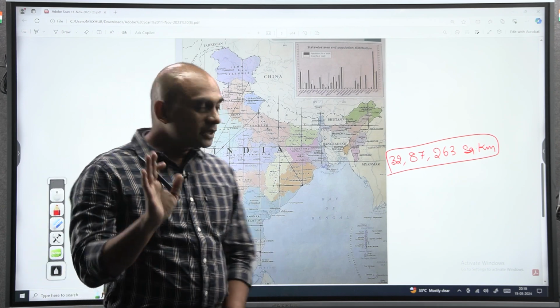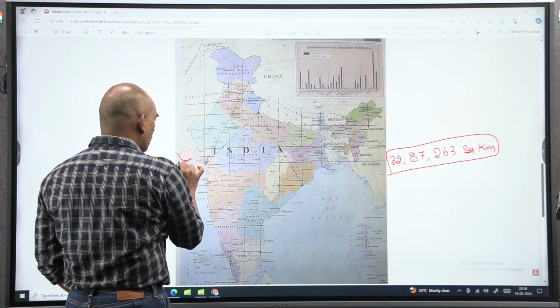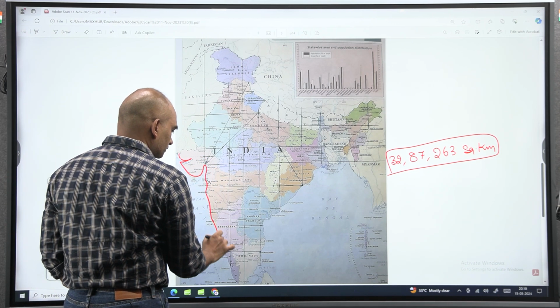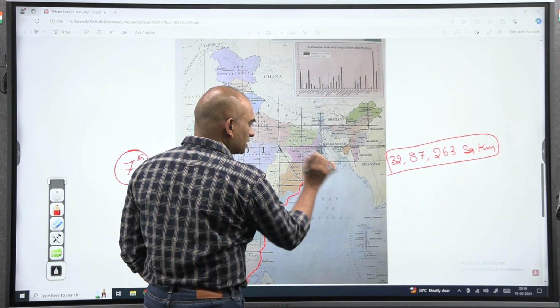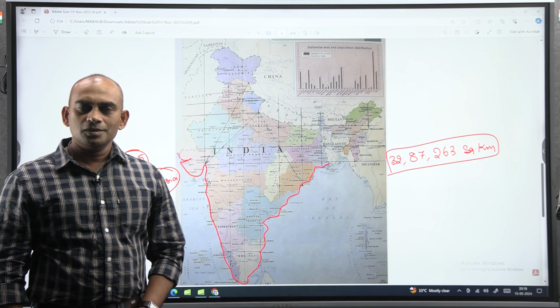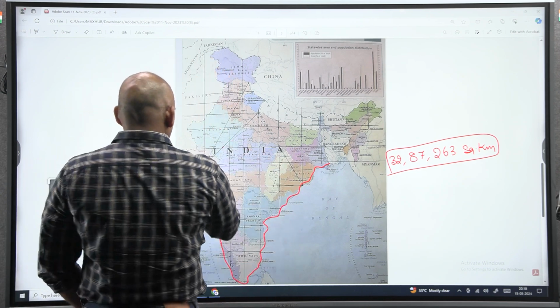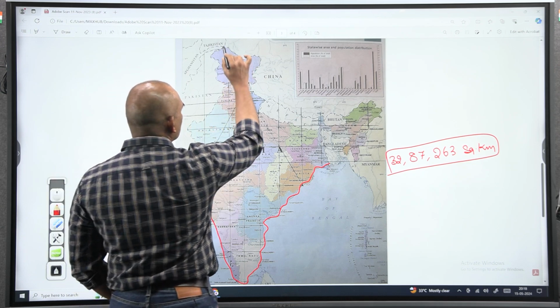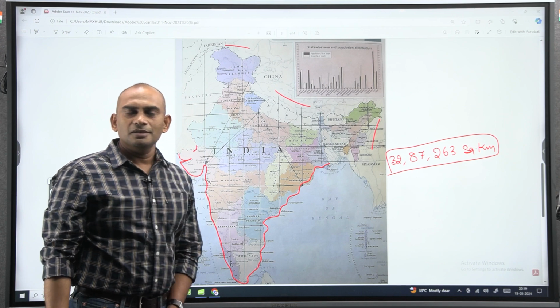When you look at India, India is surrounded by water on 3 sides, and on the other side, that means the western part, the northern part and even the eastern region.